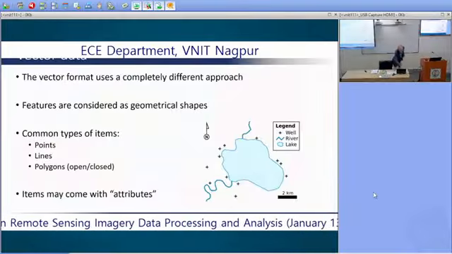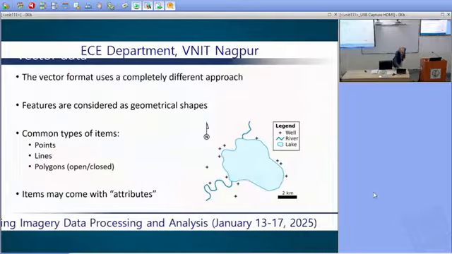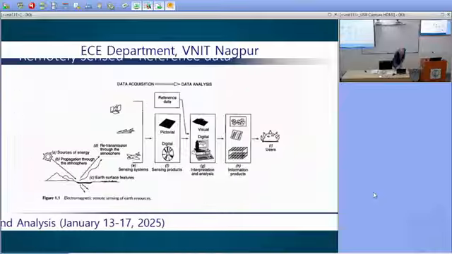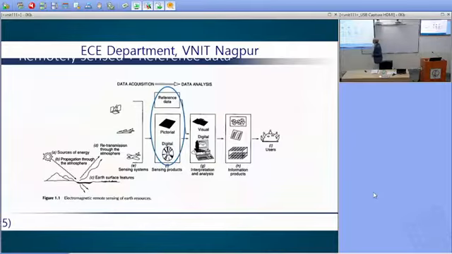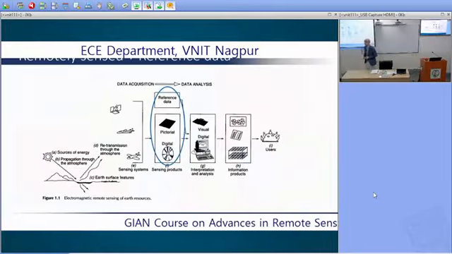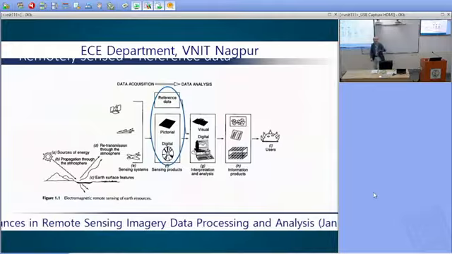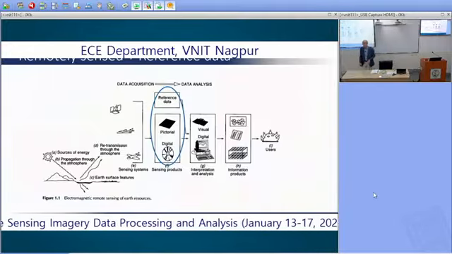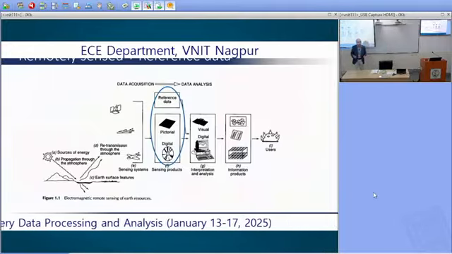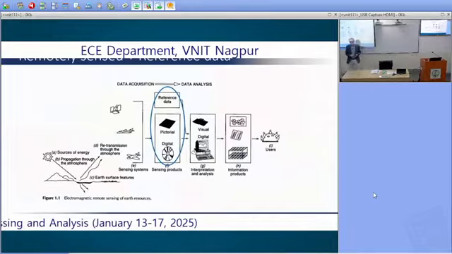So, for example, if we go back to the original scheme here, the main one is that we have remote sensing data here, but we also have this box here, which is the reference data. This reference data doesn't come from the sensor, it comes from elsewhere, unspecified, because it can be many different things.